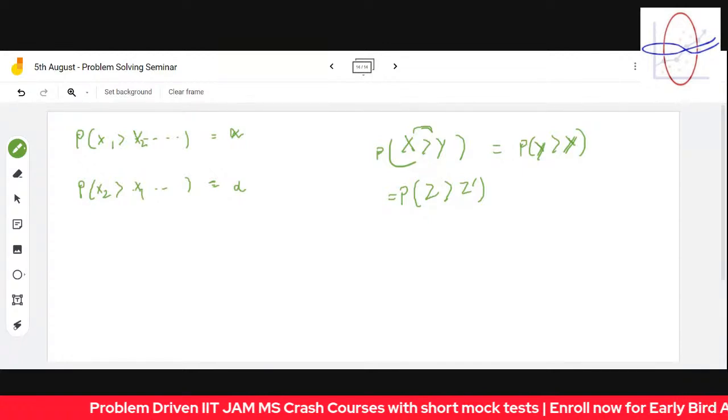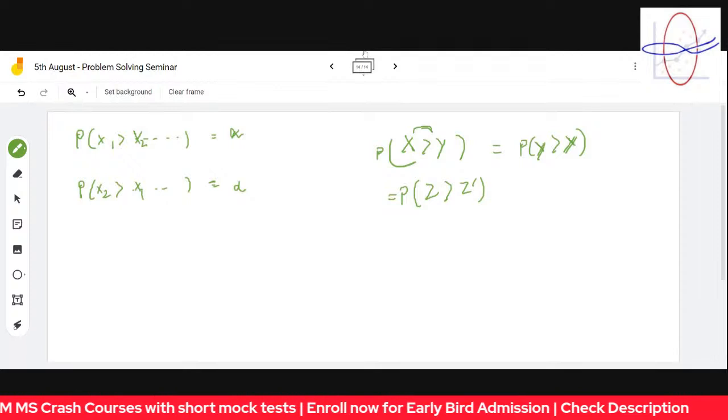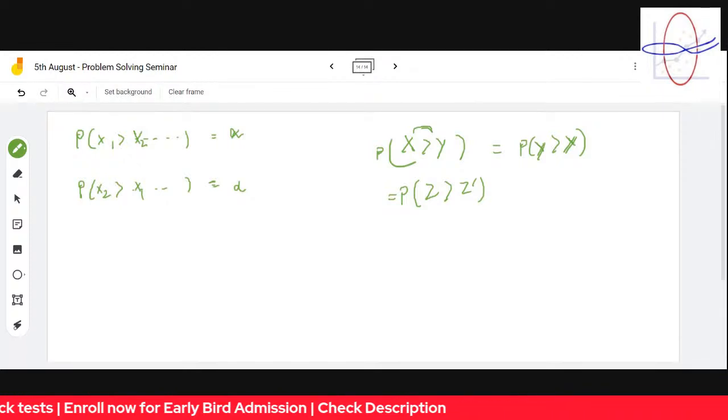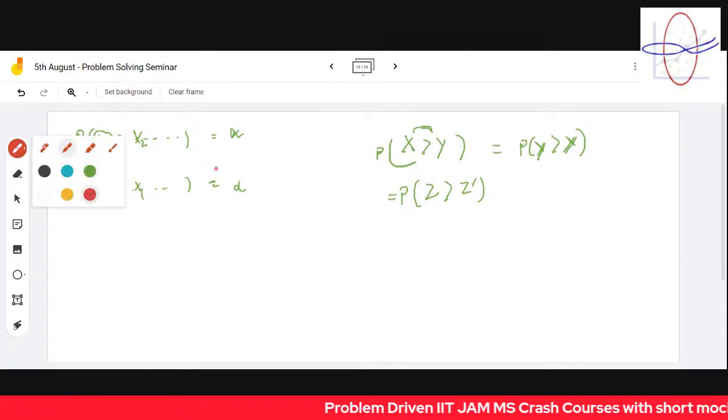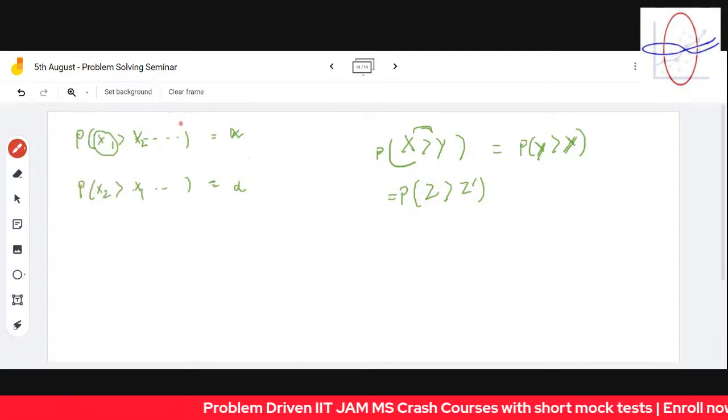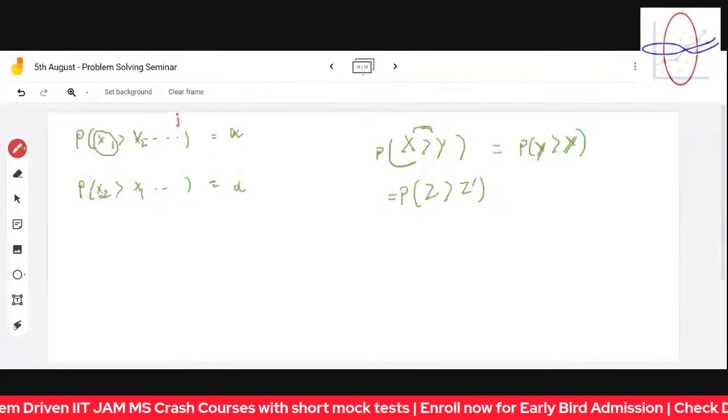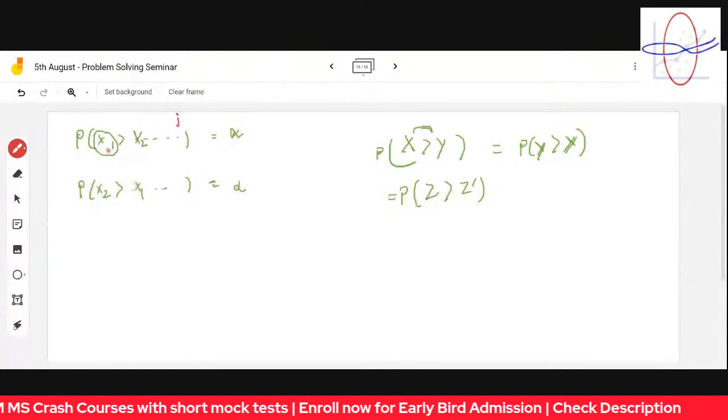All of you understood this. This is a very important strategy, a very important result, and a very interesting idea, right? So what do you get over here? That x1 is the highest among all the j points is the same as x2 being the highest among all the j points, because these are IID and behave in the same manner.